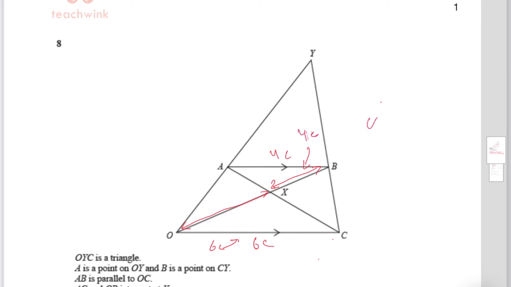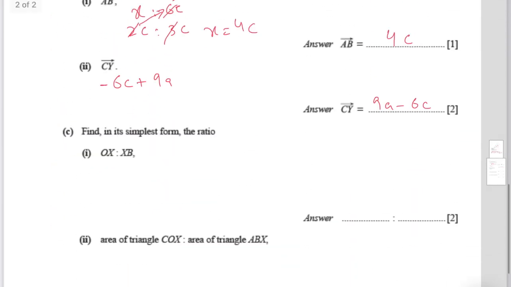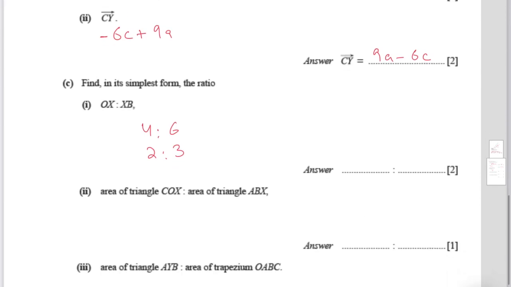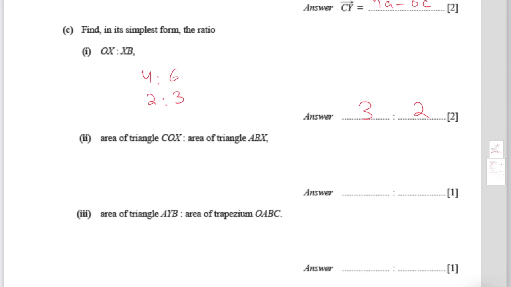That means 4 and 6 are being compared. So the ratio between them becomes 4:6, which is simplified to 2:3. OX is the larger one, so it becomes 3:2.